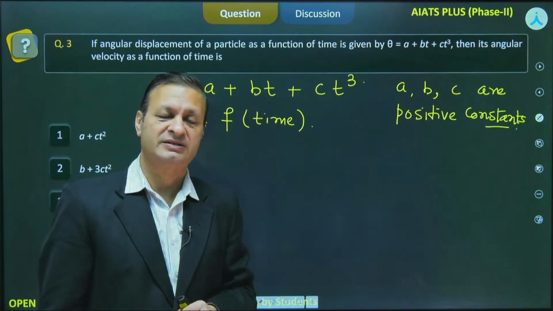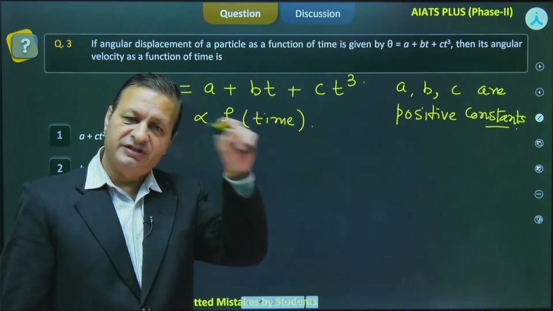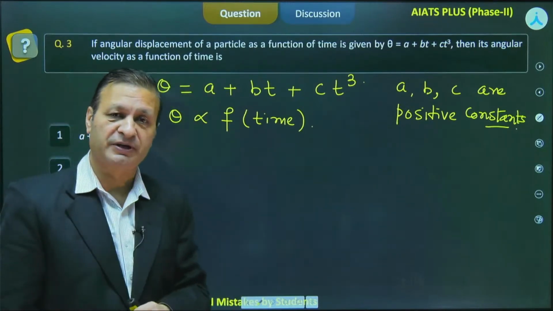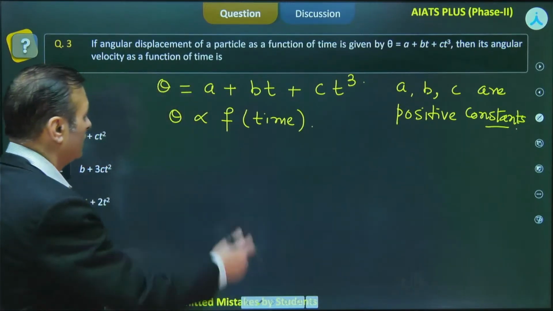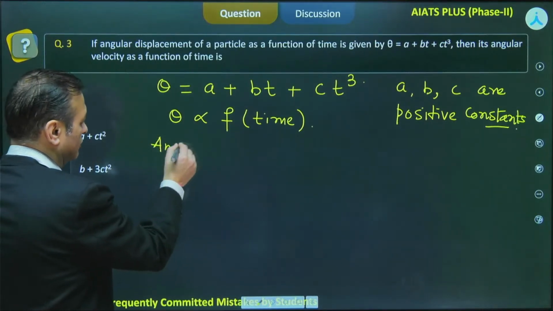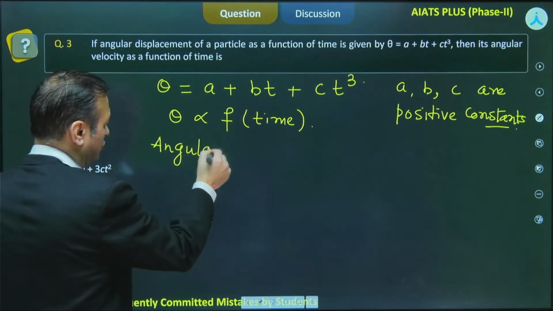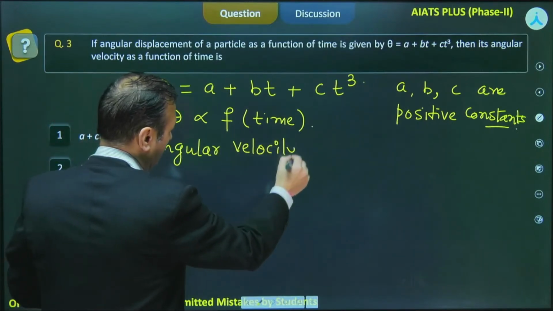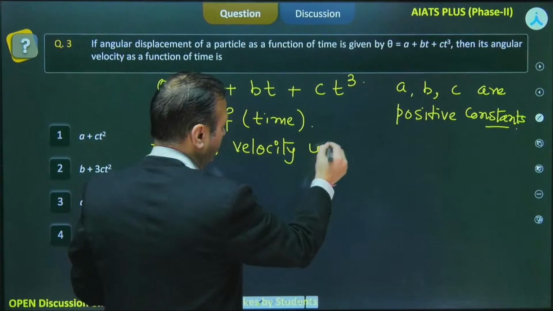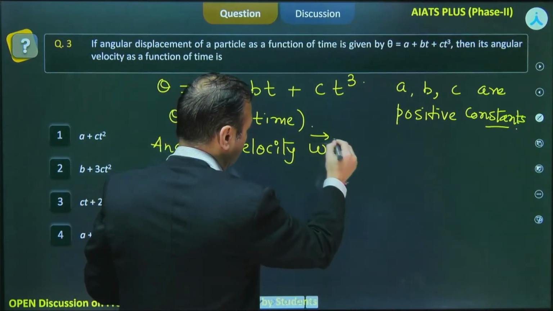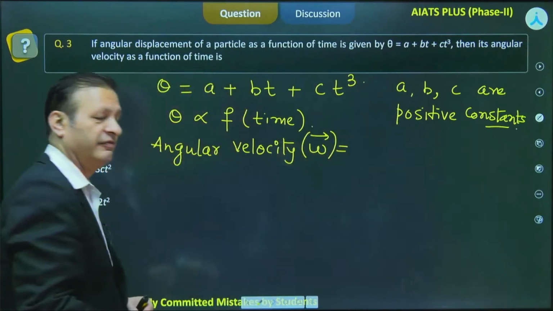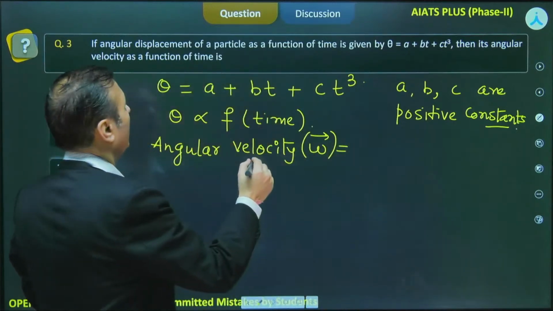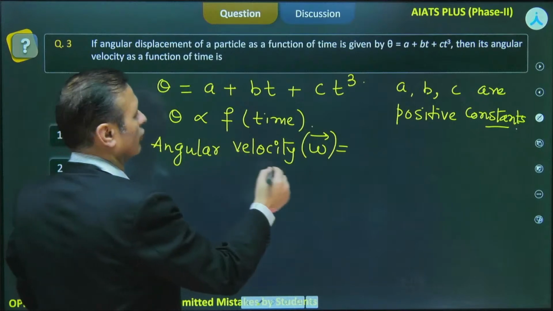When a particle is traversing through the circular path, its angular position or displacement changes with respect to time. So your concept of angular velocity, because they are talking about it as a vector velocity, is now as a function of time, then its angular velocity.